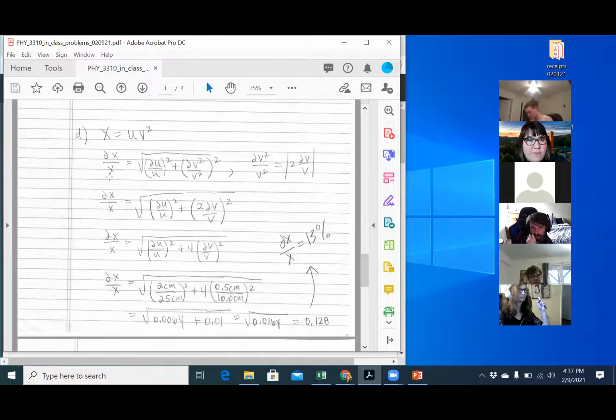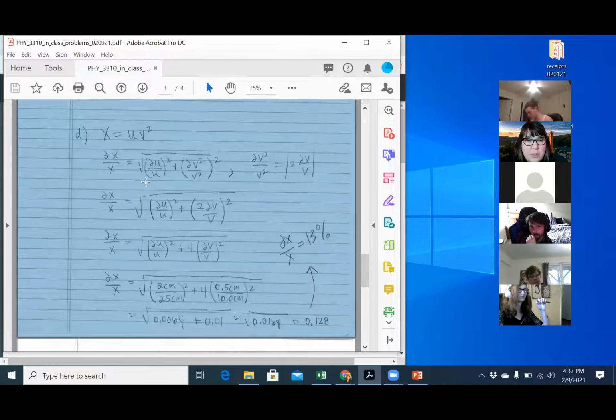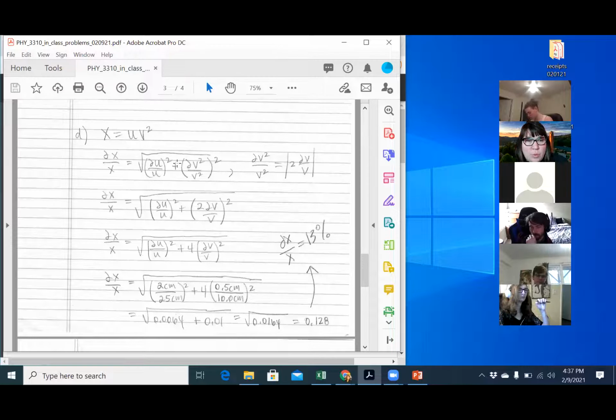Okay. So we're finding the fractional uncertainty of x. We're going to take the square root of the sum of the squares of the fractional uncertainties of u and of v squared. So we're taking the first part of the product, u, and the second part of the product, v squared.